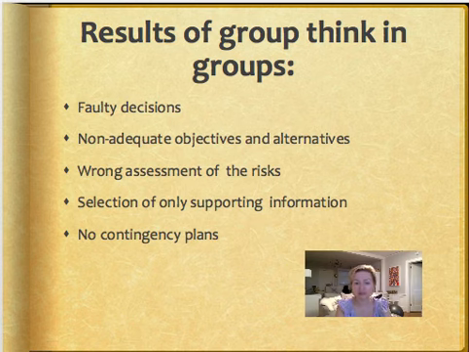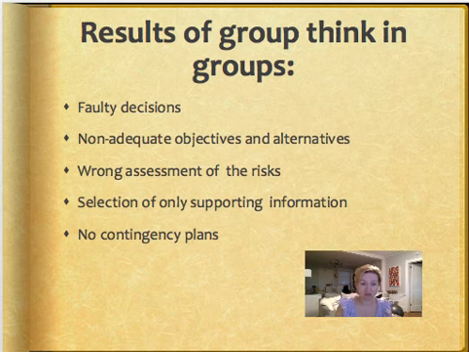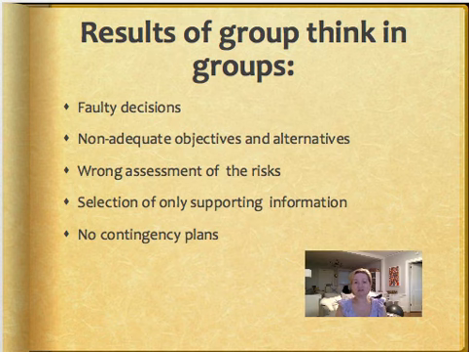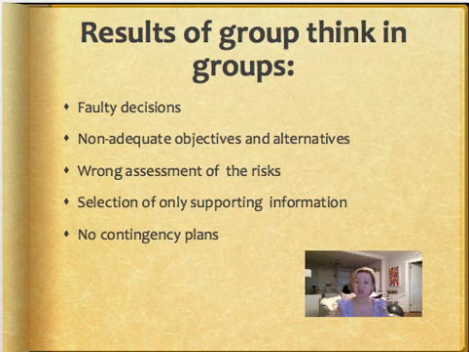So what are the results of groupthink? Well, as I said, the group makes faulty decisions in comparison to the decision that could have been reached using a fair, open, and rational decision-making process. So it fails to adequately determine its objectives and alternatives, and it fails also to assess the risks associated with the group's decision.